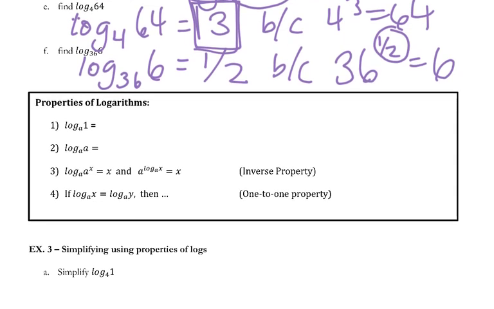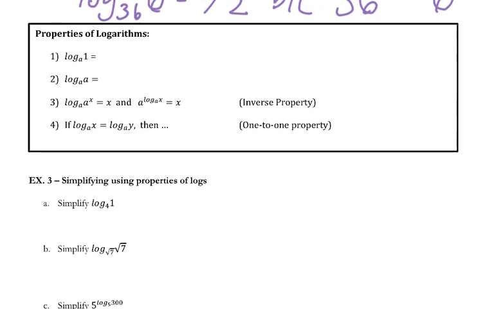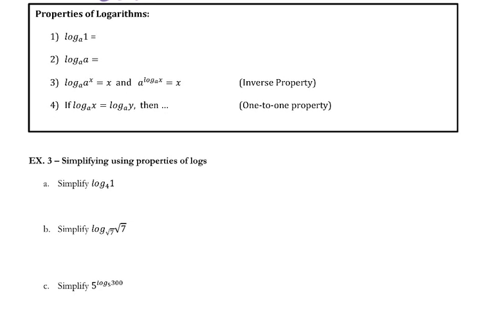Next up, we're going to take a deeper or longer look at properties of logarithms. We've already mentioned a couple of these, that log base a of 1 is always 0, and that's because a to the 0 equals 1. Another important one that can simplify things for us is log base a of a.